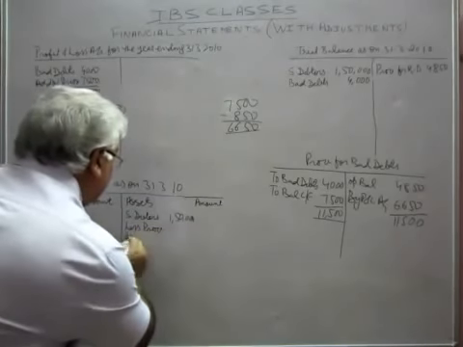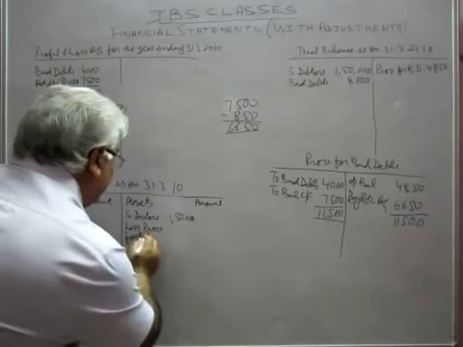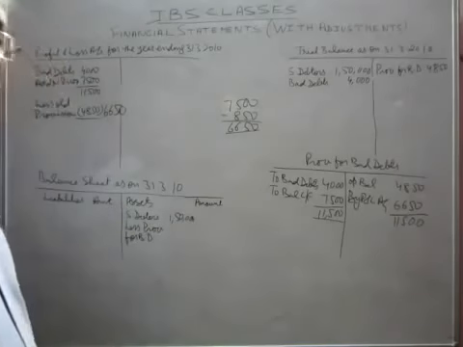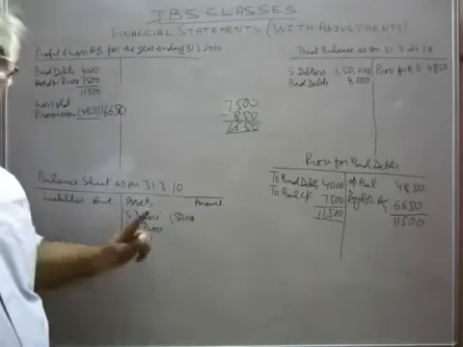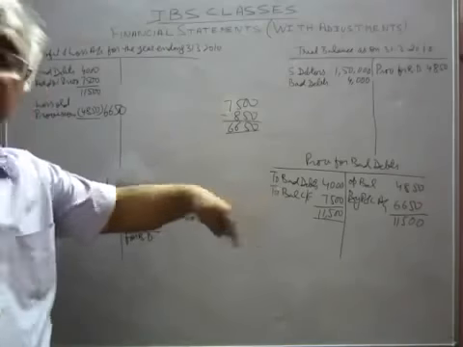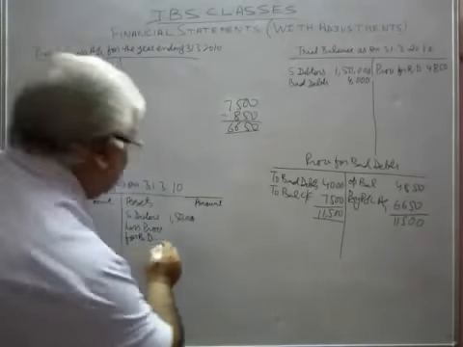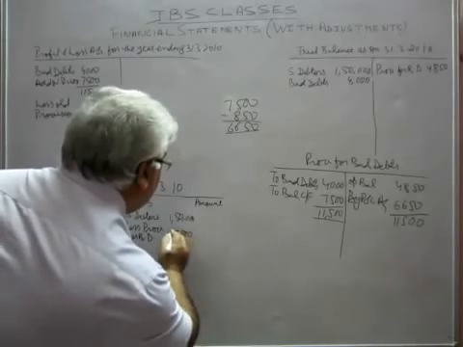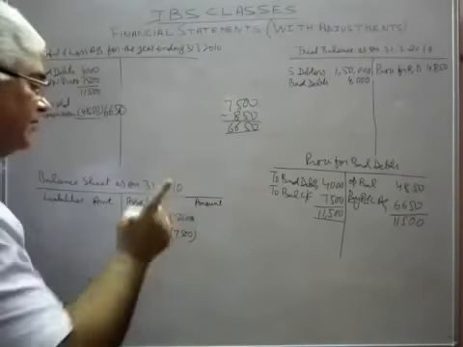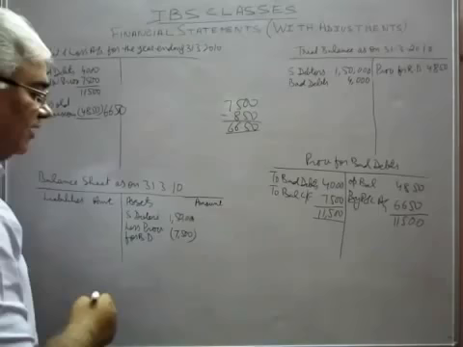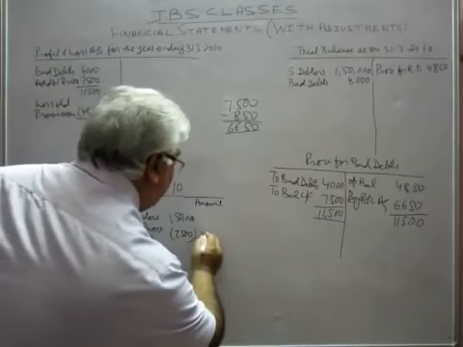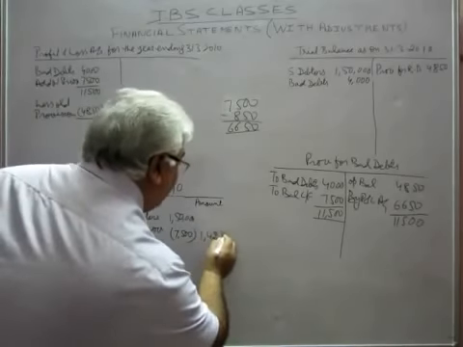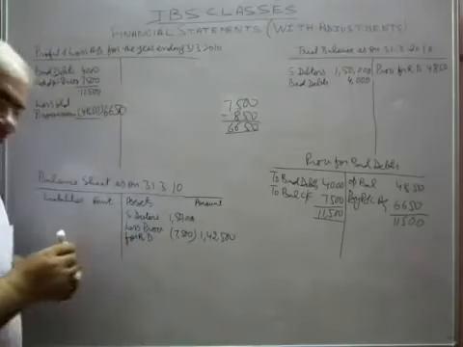Provision for bad debts. How much is the provision made this year? 7,500. This will be carried forward to the next year. So 7,500 will be deducted from this, and the net figure will be shown there, that is 1,42,500.